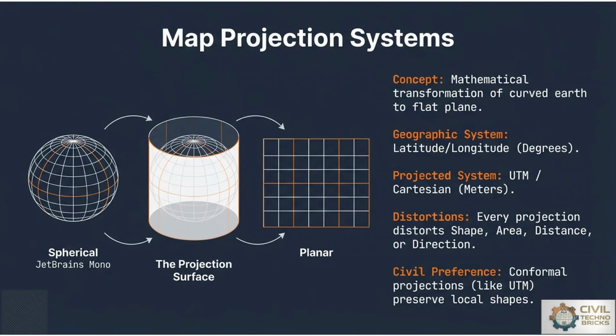We can project any single cell from any topo sheet or from any Earth's curvature on a large scale. Every projection distorts shape, area, distance, direction, just like characteristics. With respect to the civil engineering domain, if we are surveyors or have to do the survey, then conformal projections like Universal Transverse Mercator preserve the local shapes, and we can use that for projecting the activities.